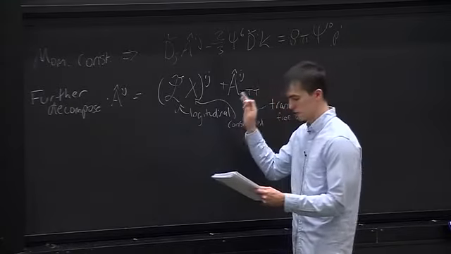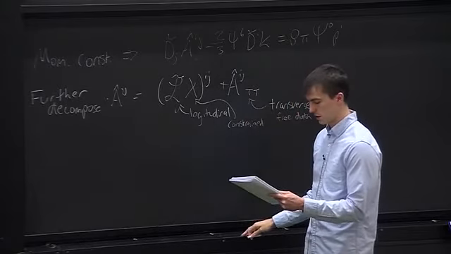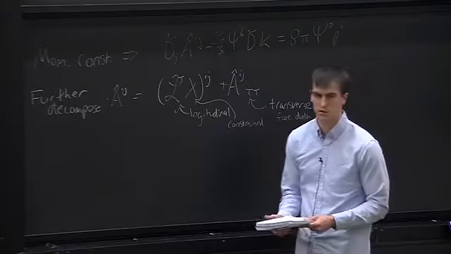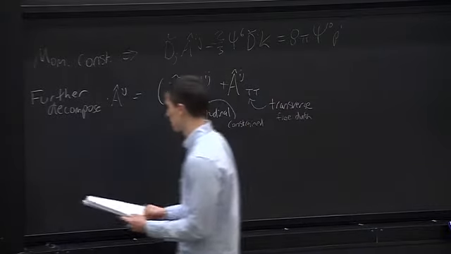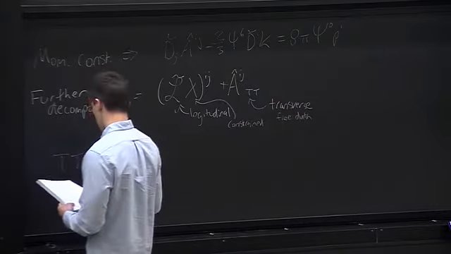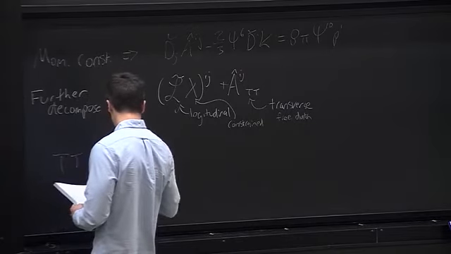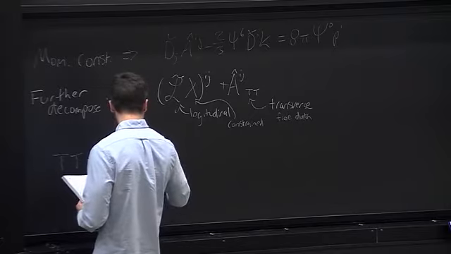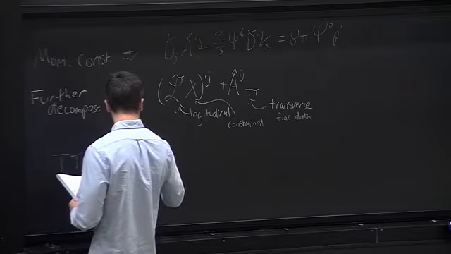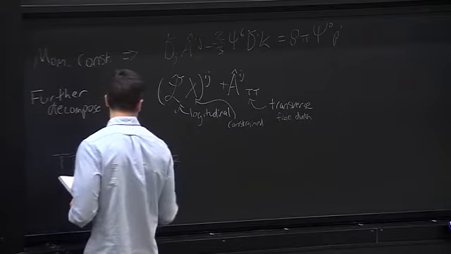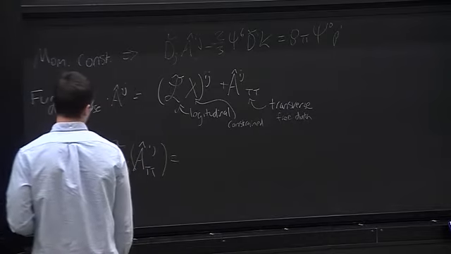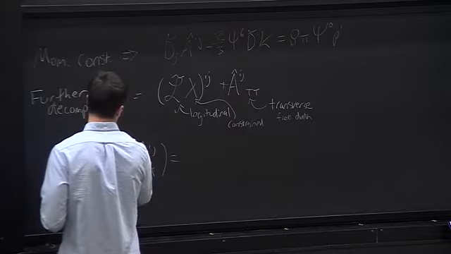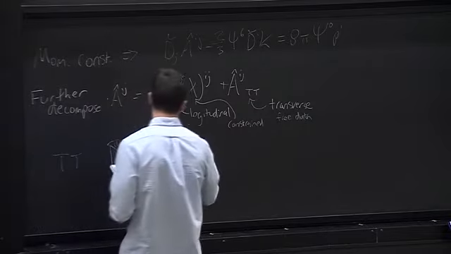So let me tell you what these different things mean. So first of all, this TT, transverse traceless. So that's just the usual definition that when you contract this tensor with a covariant derivative in the j direction, then we get 0.